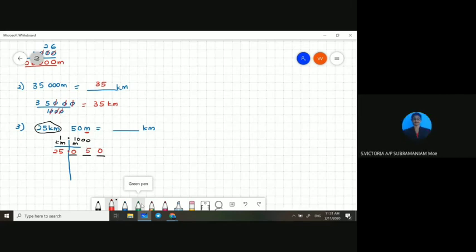When you write the answer in kilometer, there must be a decimal point, and then you follow with the other numbers: 25.050 kilometer. When you convert this to meter, you just take out the decimal point and you write 25,050 meter.